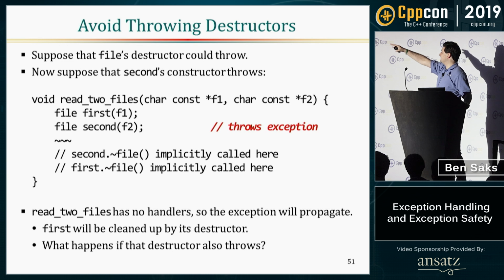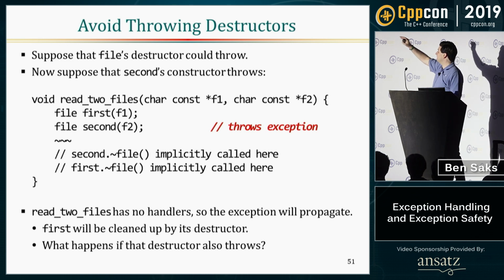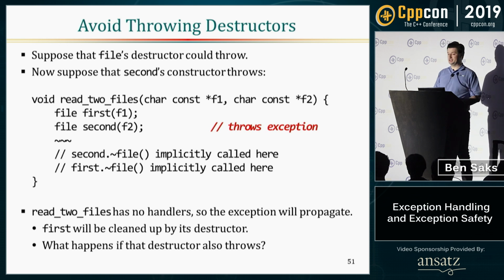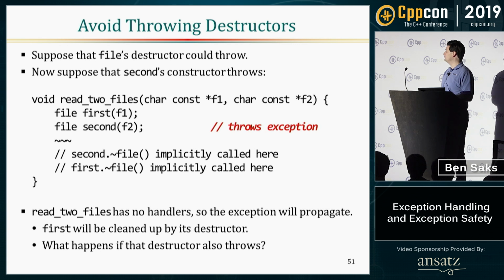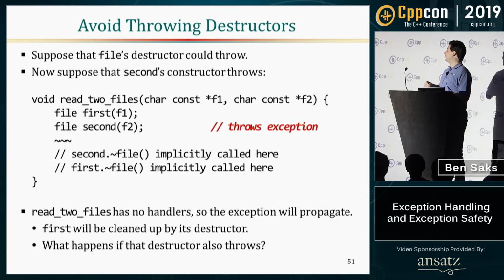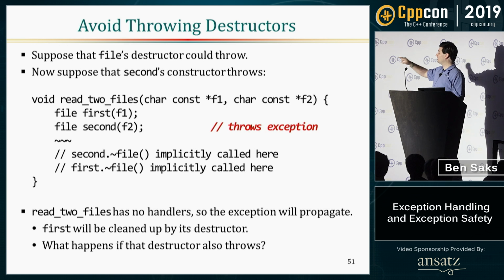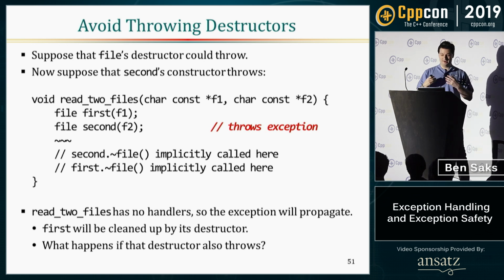Second is never created, so we don't run its destructor, but first was successfully created, and the exception is going to propagate out of read two files. So we need to call the destructor for first. So then the question is, if we're already in the process of throwing one exception, and the destructor for first throws another exception, what happens?